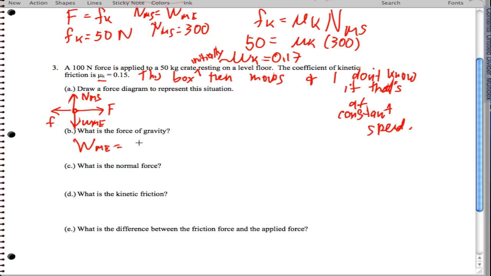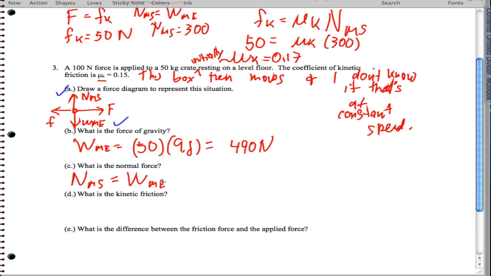So 50 kilograms times 9.8 gives 490 newtons of weight. In the vertical direction the forces balance, so the normal force equals the weight, which is 490 newtons.